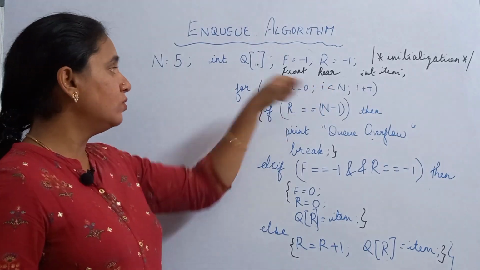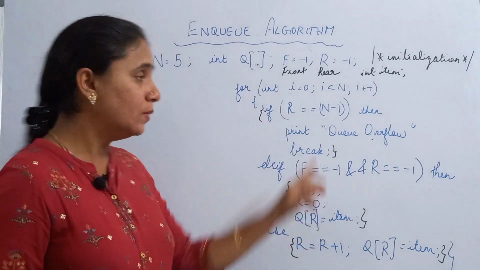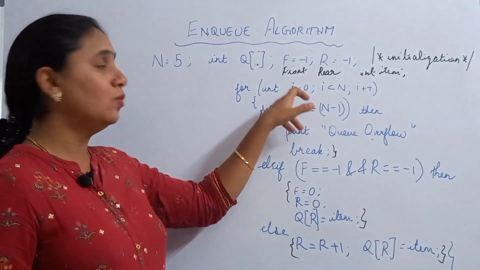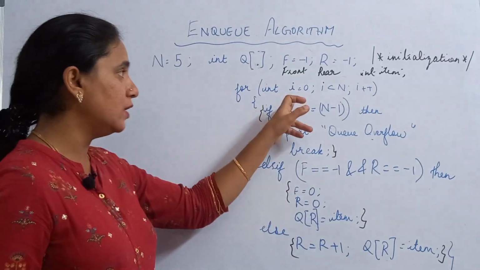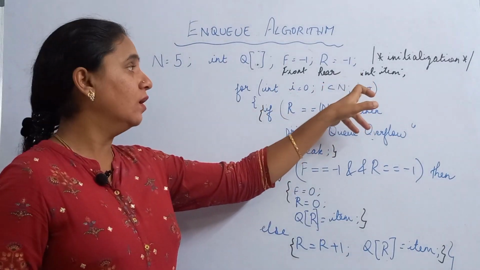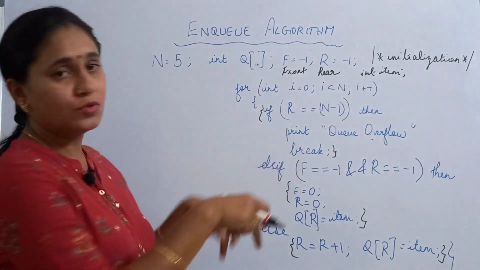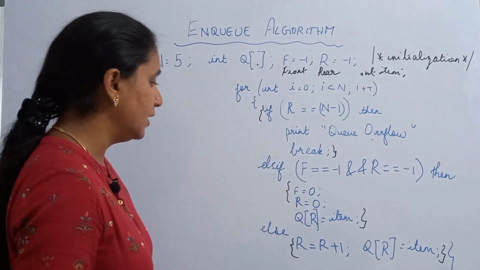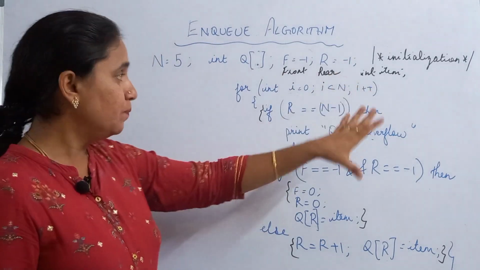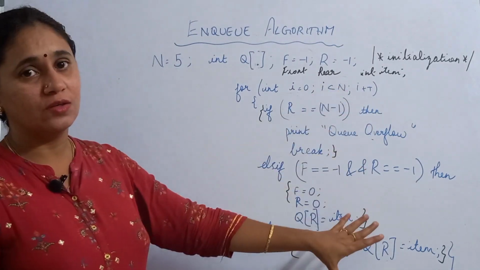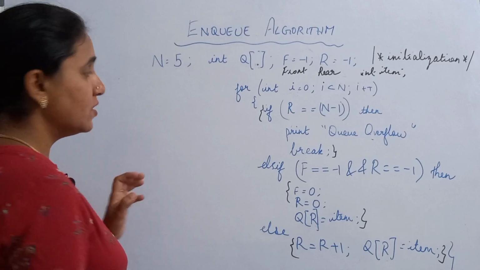Initially I am going to store this value as 0. Each time this loop executes, it depends on the value of i, the condition, and the operations that I have given inside the open and close brackets. Until the condition i less than n is true, this loop is going to execute a specified number of times. So now, shall we start?